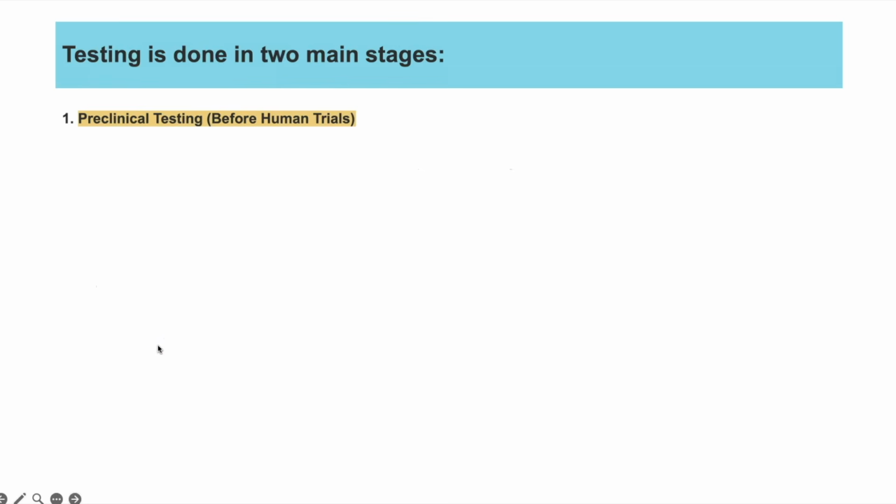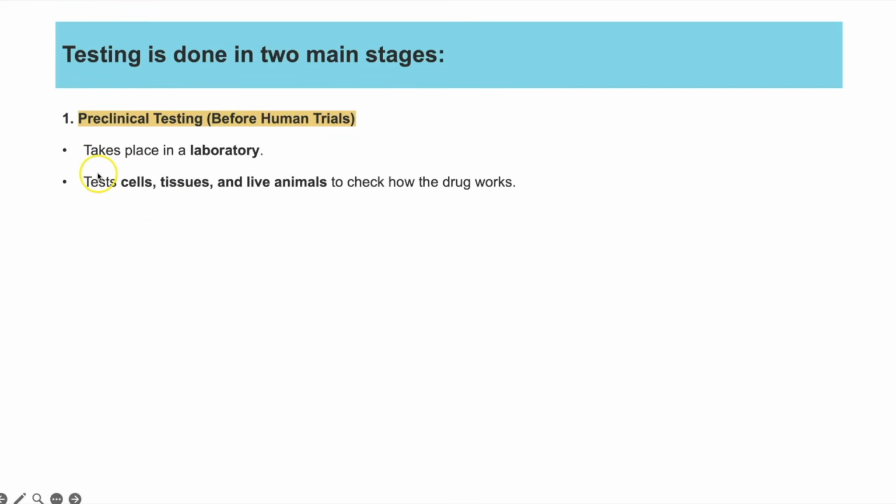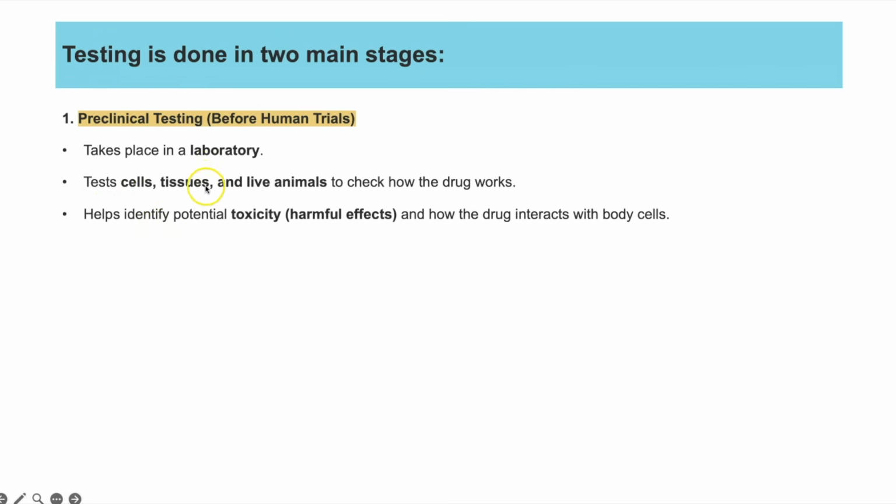So there's two main stages to these drug testings. Preclinical trials comes first, and that means trials that you do before you test it on any humans. So step one is just testing it in a lab, and you'd be testing this new drug on just groups of cells or tissues and then live animals, so things like mice, for example.